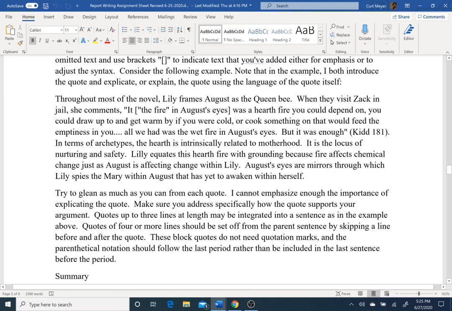In terms of archetype, the hearth is intrinsically related to motherhood as a locus of nurturing and safety. Lily equates this hearth fire with the grounding because a fire affects the chemical change just as August is affecting the change within Lily. August's eyes are mirrors through which Lily spies the Mary within August that has yet to awaken within herself. Now, what I've done here is I have made a statement or an assertion.